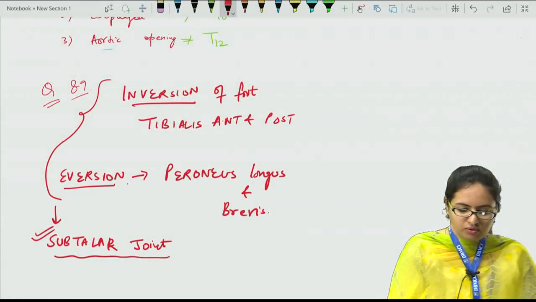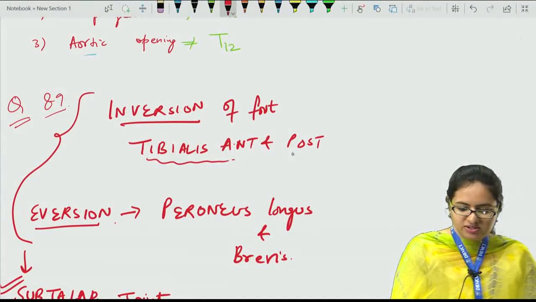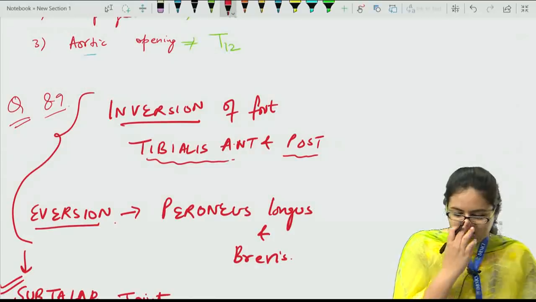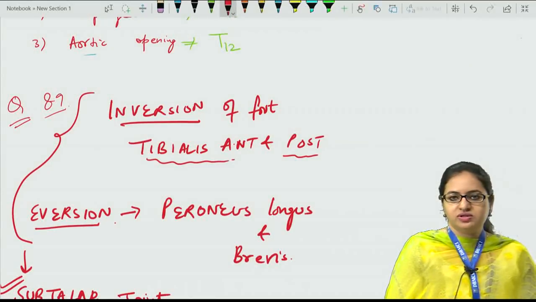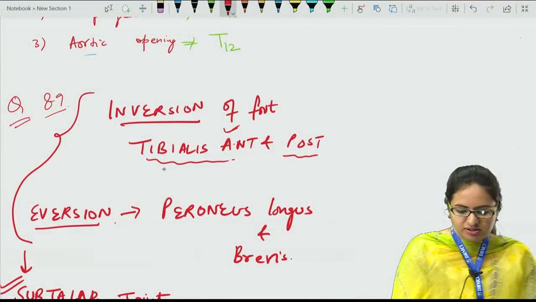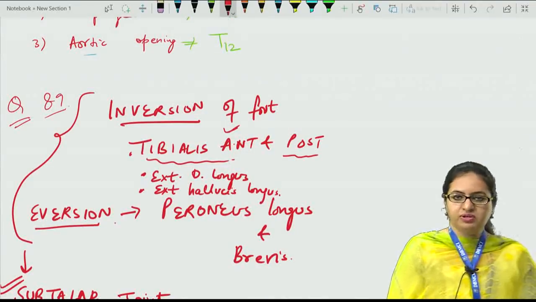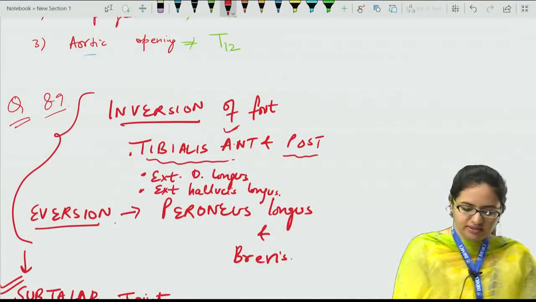Apart from the tibialis anterior and tibialis posterior, the muscles of the anterior compartment which come towards the medial side of the foot include the extensor digitorum longus, and any muscles which insert onto the great toe, which includes the extensor hallucis longus.